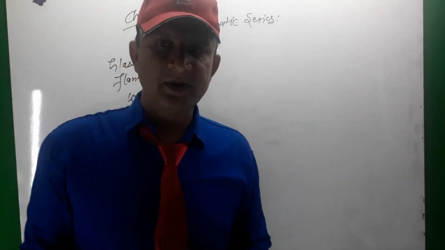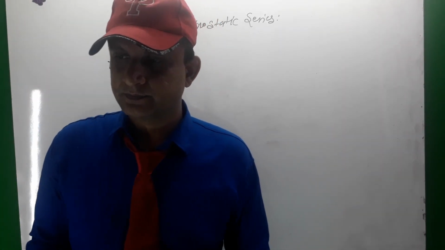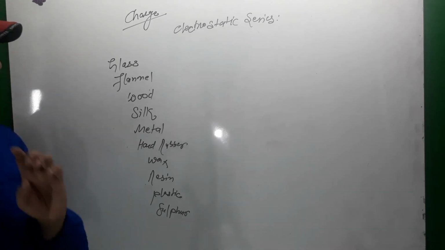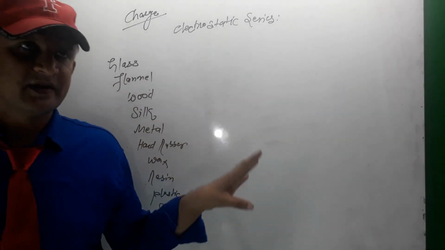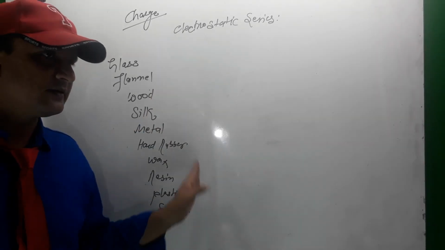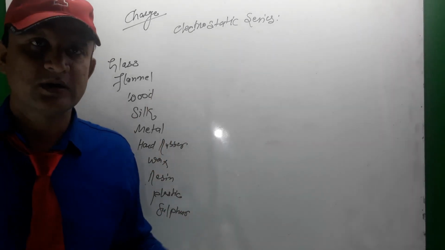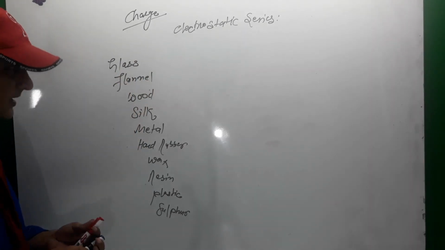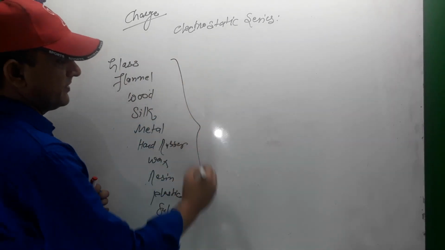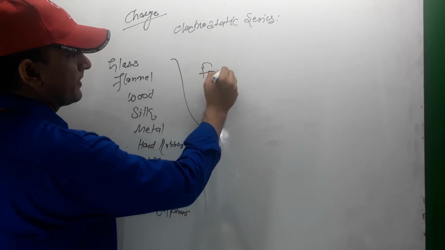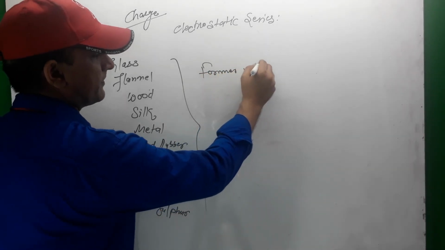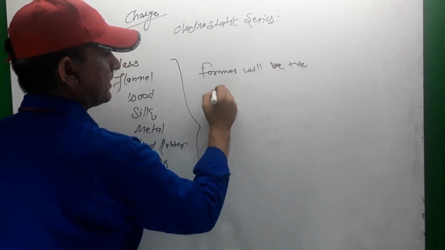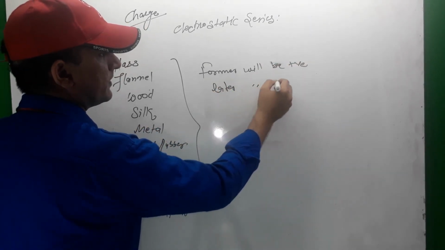You will know very simply about these. What did Faraday say? What does this electrostatic series tell us? According to this electrostatic series, the former will be positive, and the latter will be negative.